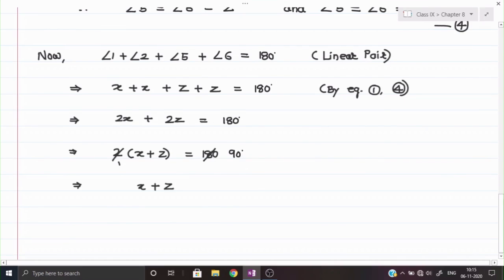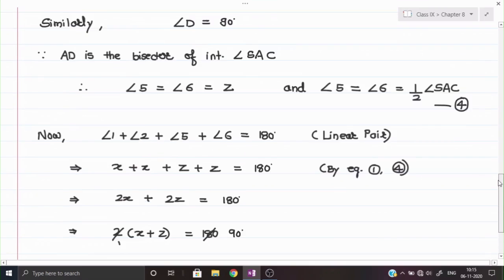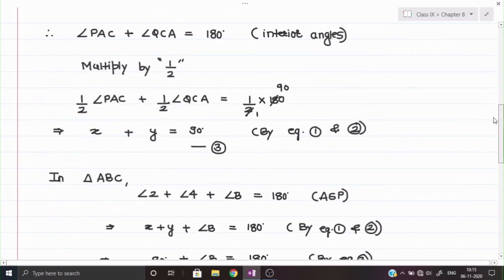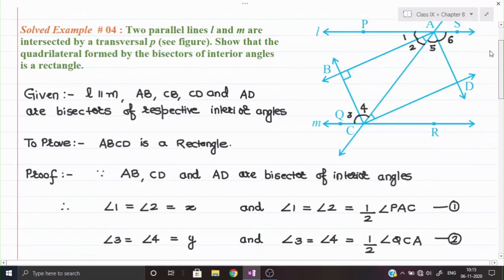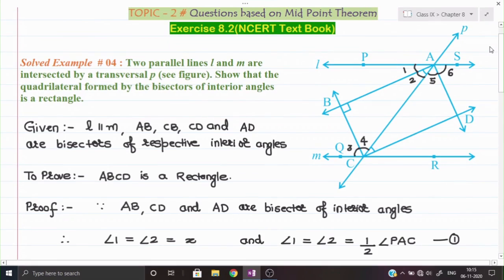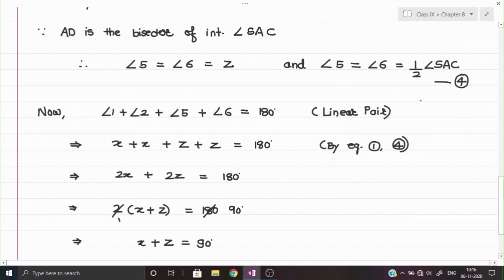Now see it very carefully, how we can say we got the value of angle A as 90 degree. Observe carefully. See, angle 2 plus angle 5, this is actually angle A, we can say. Angle 2 will be equal to x, and angle 5 will be equal to z. So x plus z, if I say I got 90 degree, I can say that angle 2 plus angle 5 I got as 90 degree.